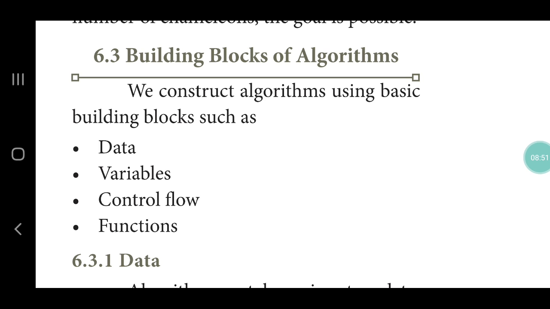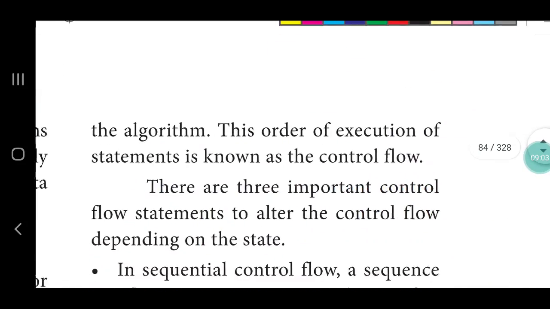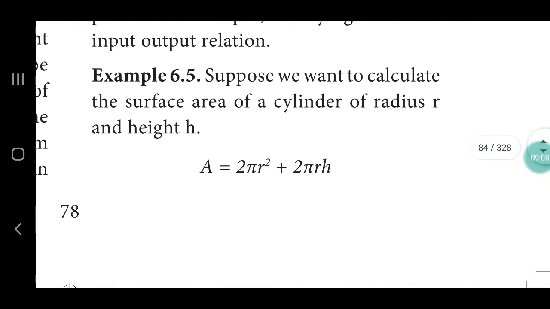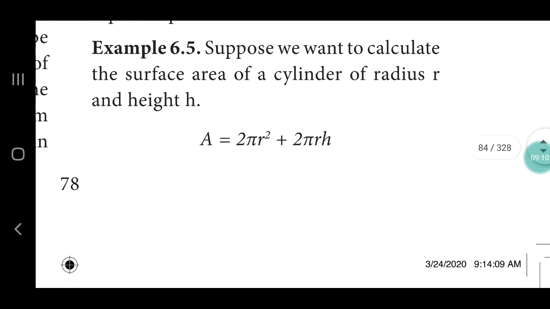For example, to find the surface area of a cylinder of radius r and height h, the formula will be A equal to 2 pi r squared plus 2 pi r h.